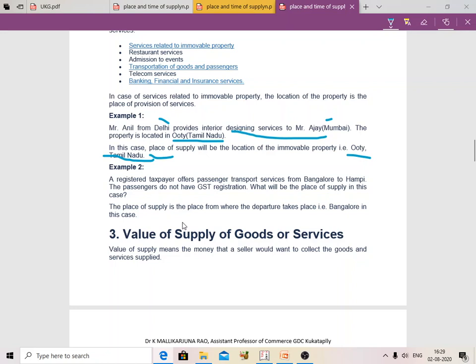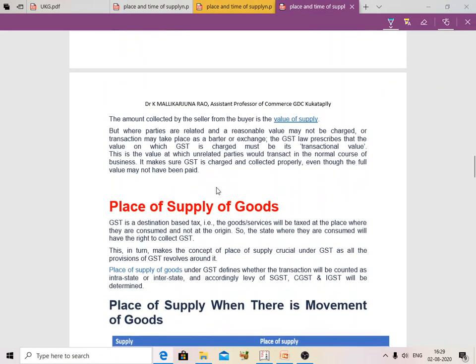Third one is the value of supply of goods or services. Value of supply means the money that the seller would want to collect for the goods and services supplied. So the amount collected by the seller from the buyer is the value of supply.